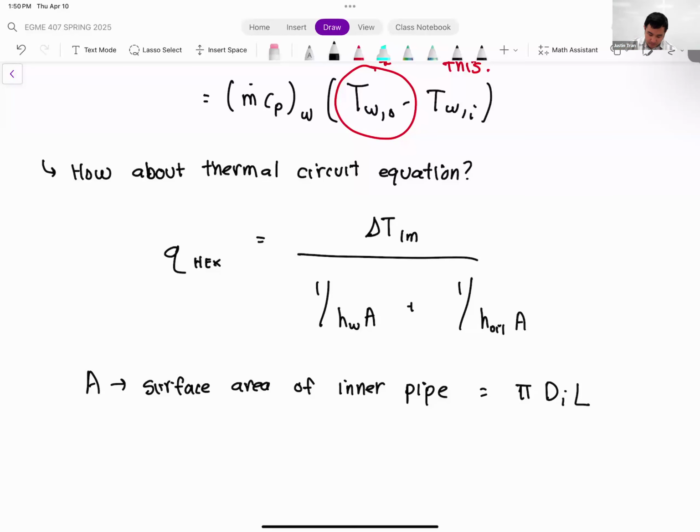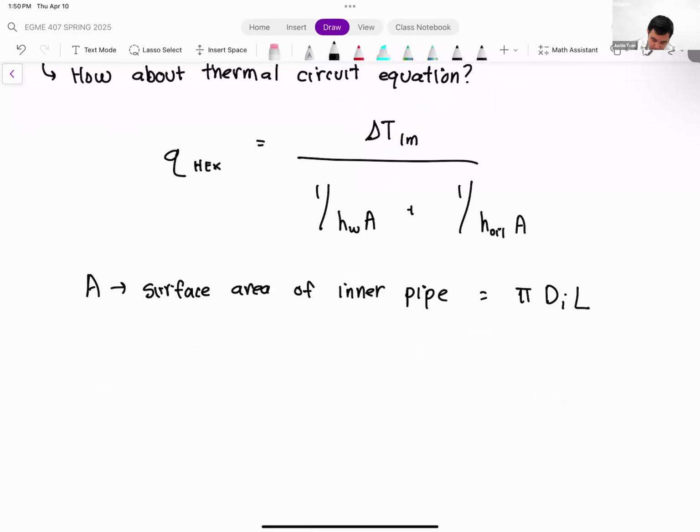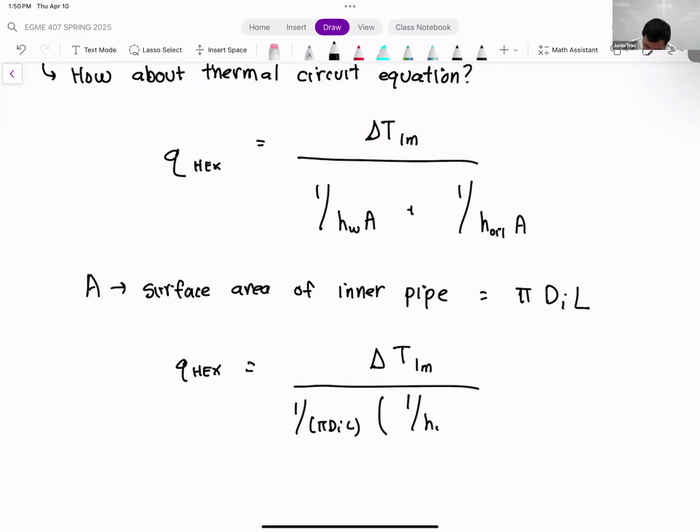And so if we plug that in, in fact, if we factor it out, Q hex is equal to delta T log mean divided by 1 divided by pi di times L, multiplied by 1 over H water plus 1 over H oil.